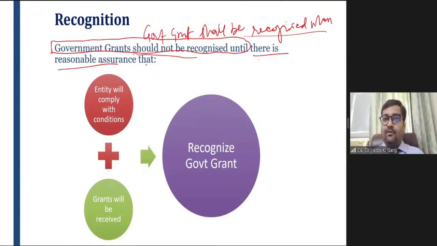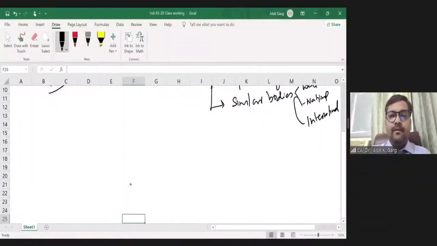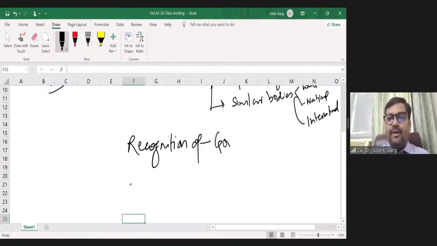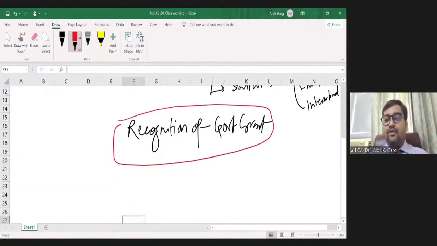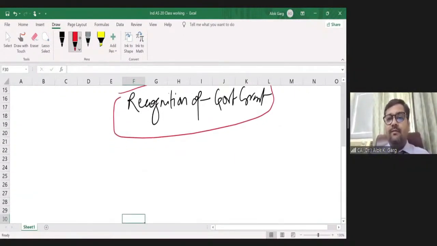Okay. So what are the two conditions for recognition of government grant? When is the government grant going to be recognized?